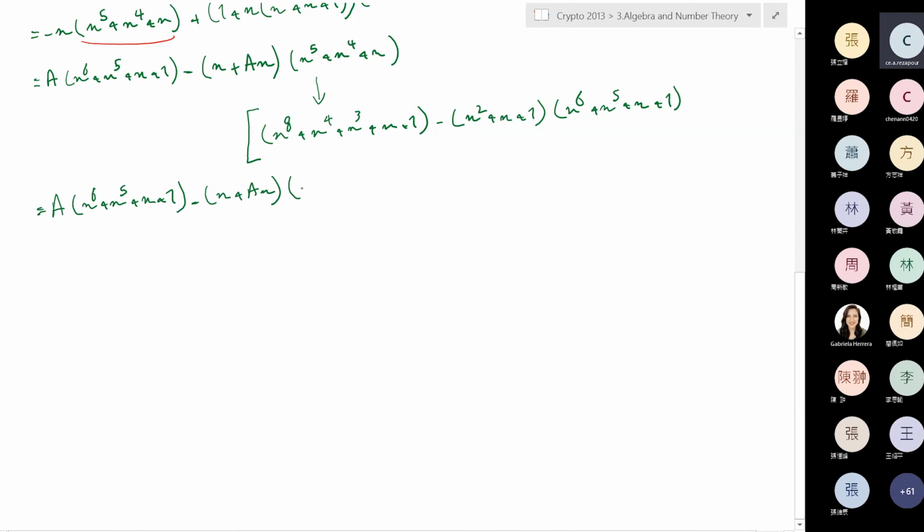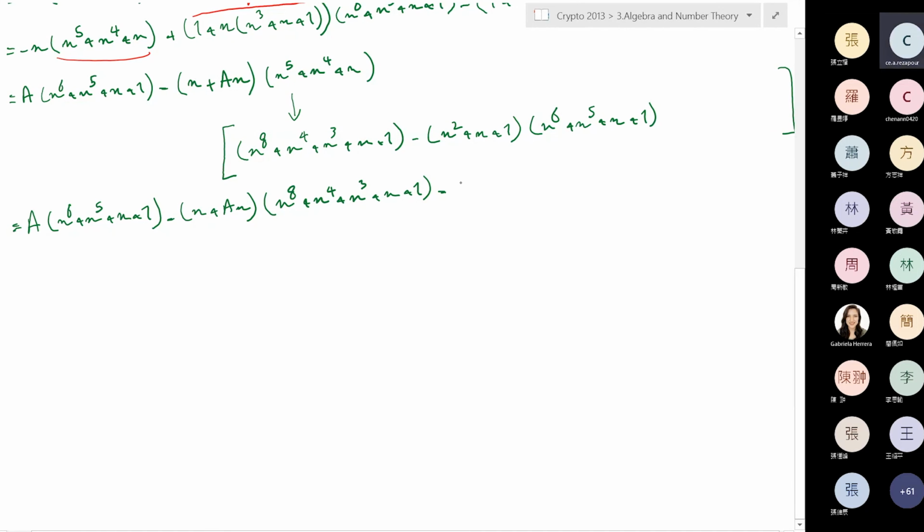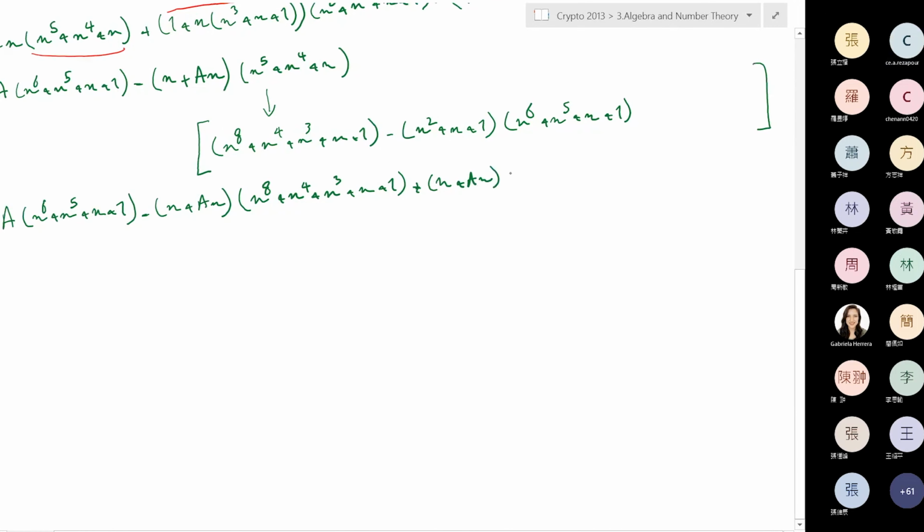And then we get x^8 plus x^4 plus x^3 plus x plus 1. And then I think that minus with this would become positive. x plus ax. And then we have x^2 plus x plus 1. And then x^6 plus x^5 plus x plus 1.